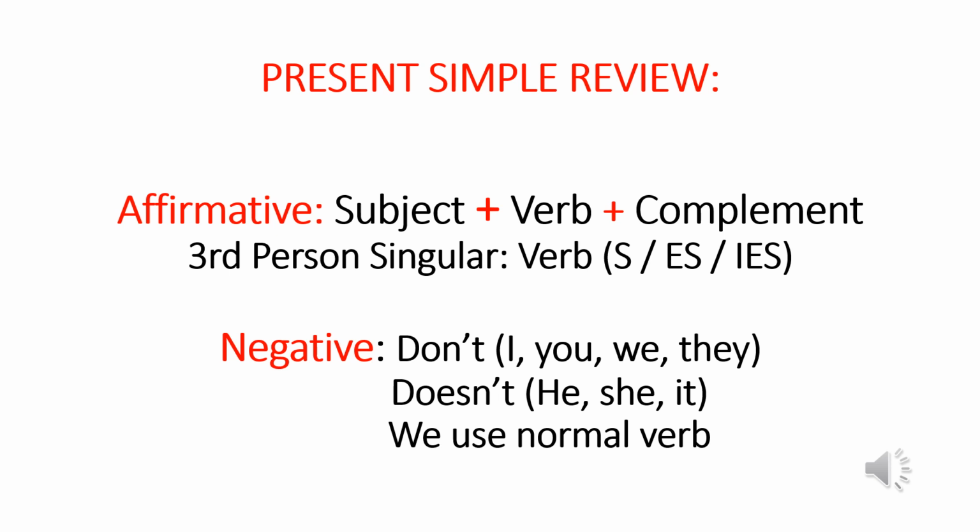It is also important that we remember that when we talk about simple present, it is necessary to conjugate the verb when we talk about affirmative cases. Please remember, for the third person singular, you will add s or es or ies to the verb. For example, Pedro goes.